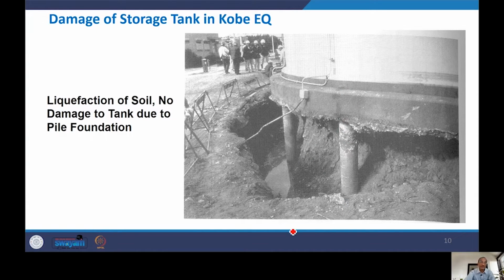The piles were passing through liquefiable soils. The soil got liquefied. As a result, due to soil liquefaction and ground amplification, there is some damage to the piles, which can be seen easily here. But at the same time, the tank or the superstructure remained intact.